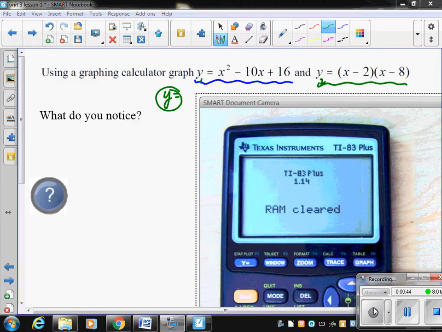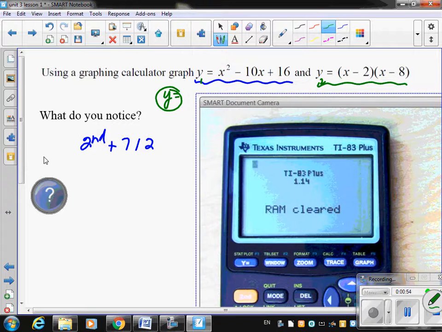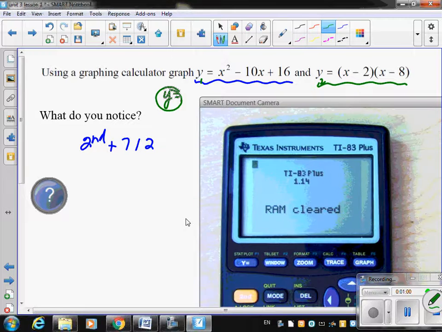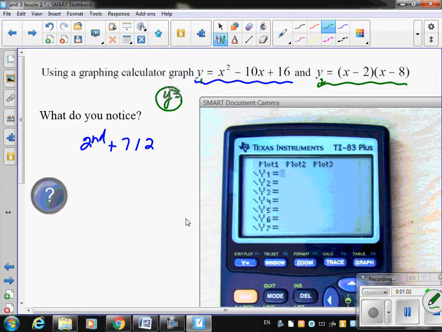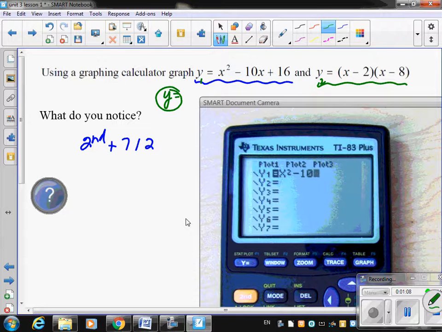So just for recall, I had typed in second function plus 712 to get rid of all the stuff from my other classes, and then I have turned it on. And I am going to the y equals button right here so that I can enter my functions. y1 equals x squared subtract 10x and 16.